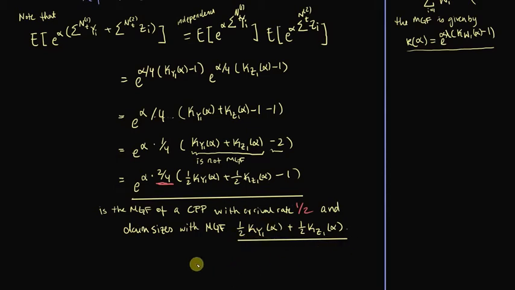Now, since this is the weighted sum of two moment generating functions where the weights sum to 1, then this is actually the moment generating function of a mixture distribution.